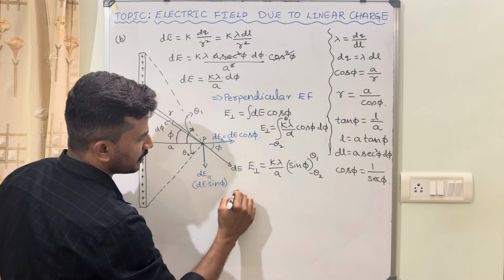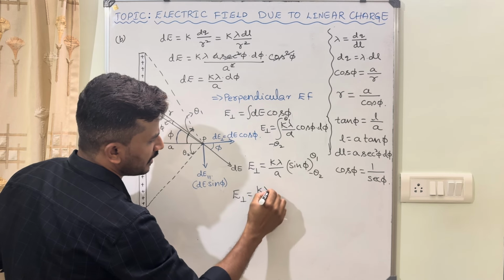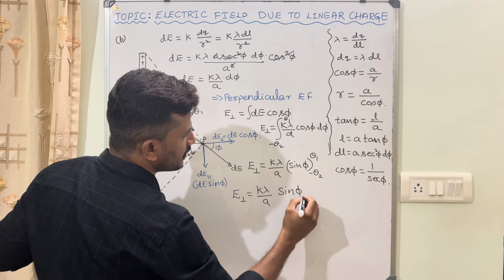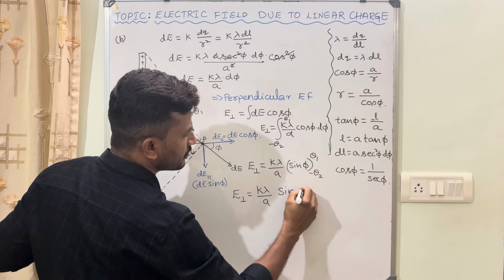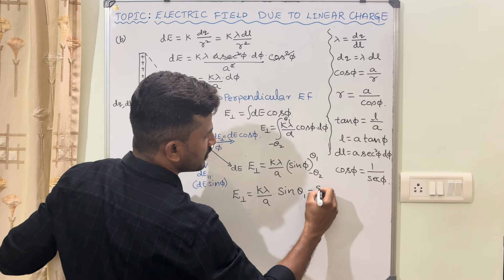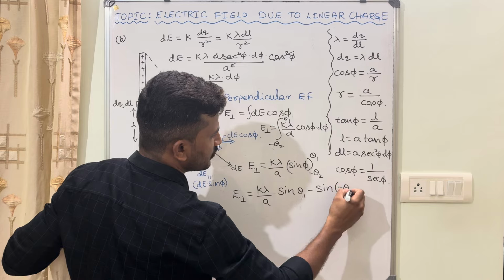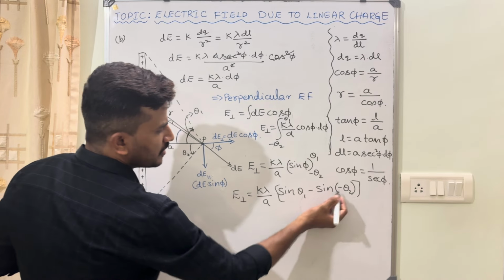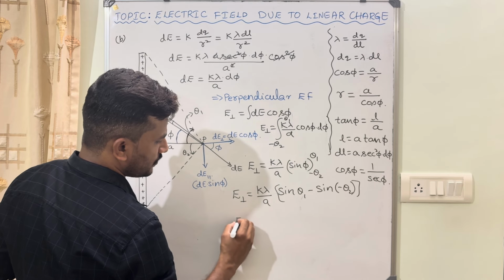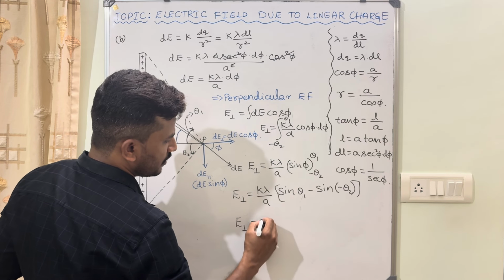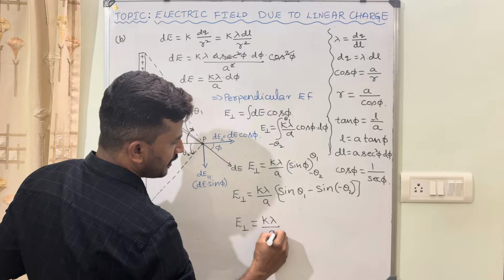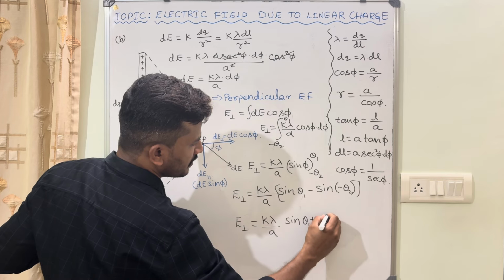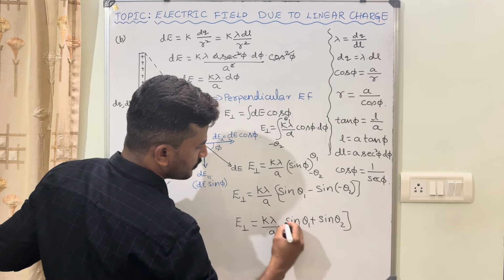Upper limit is sin theta 1 minus lower limit sin of minus theta 2. Sin of minus theta is minus sin theta, so minus into minus will become plus. So E perpendicular is equal to K lambda divided by A into sin theta 1 plus sin theta 2.